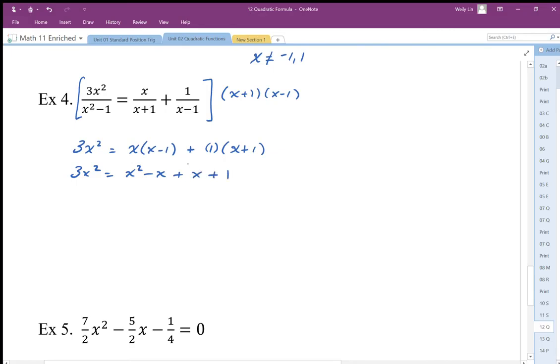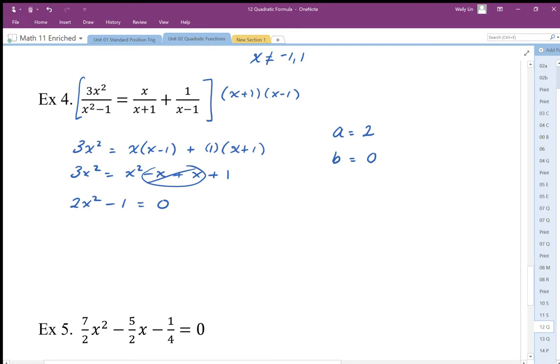These cancel out, so we end up with 2x squared minus 1 equals 0. Now we could solve this algebraically because we already have a perfect square here that we can undo, but we could still use the quadratic formula. Again, we just need to identify the a. In this case, the b is missing, so we get 0. So this means that when we put it into the quadratic formula, our center will be at 0.